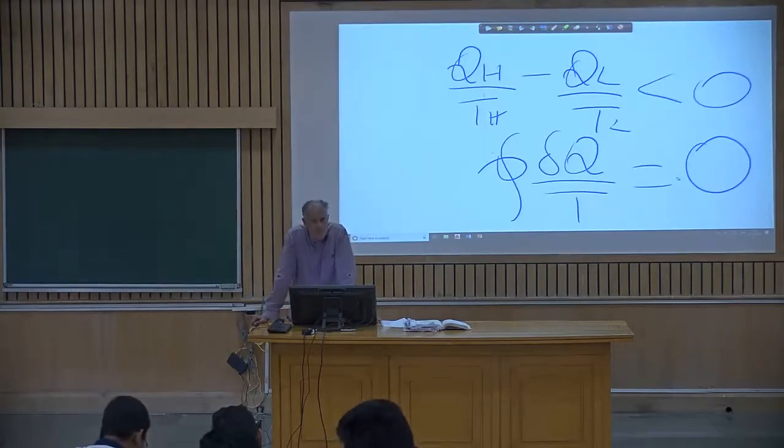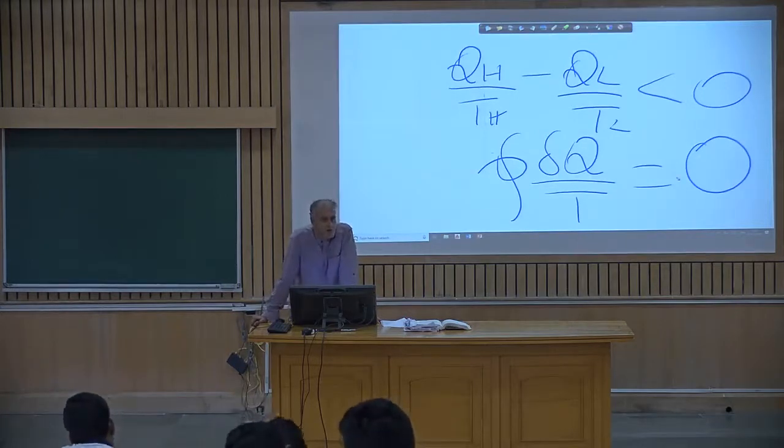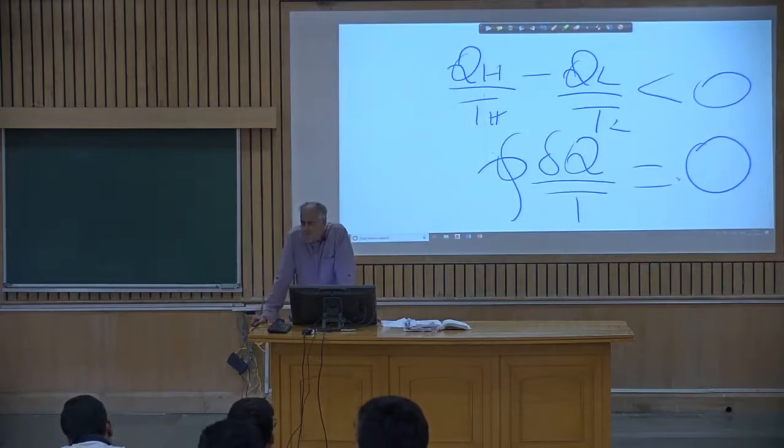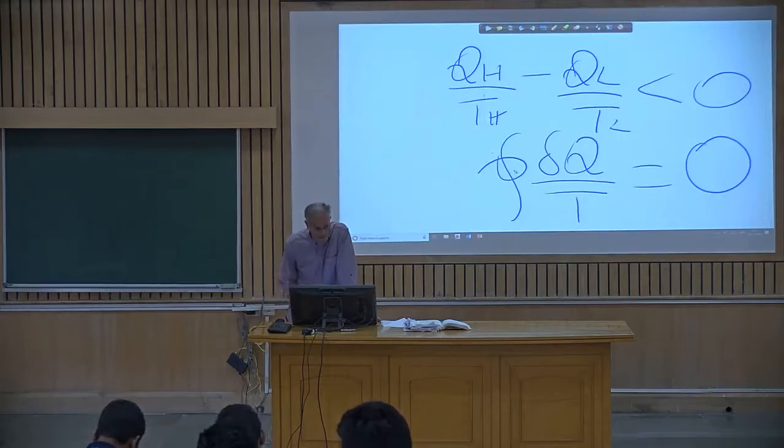So why we write a cyclic process is because we may not have only one process. We can have 100 appliances. So it's a continuous process. Clear? This is an integral for cyclic.